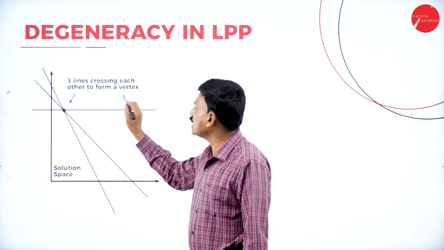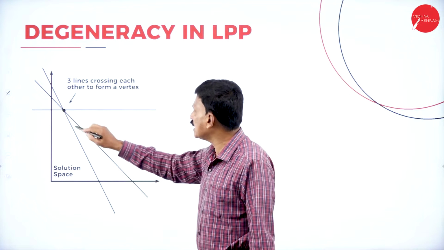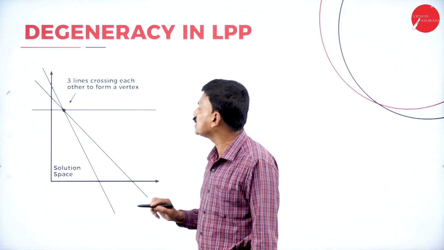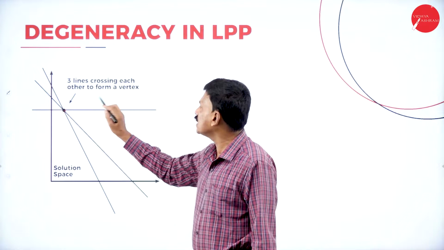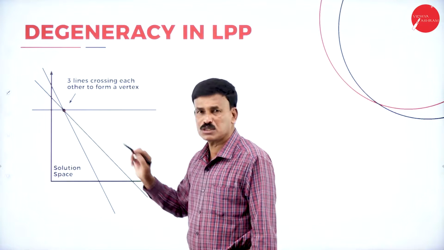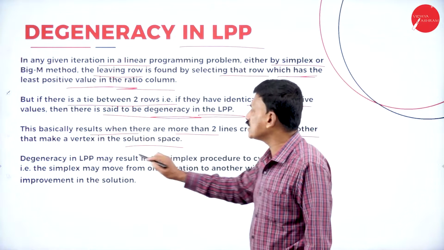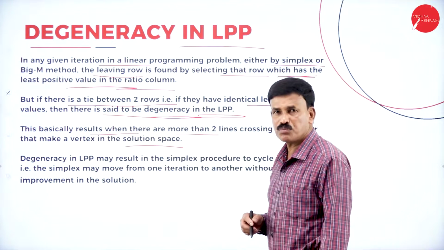So if three lines, the first line, second line and third line, intersect at this point, then more than two lines are crossing each other and make a vertex at that point.